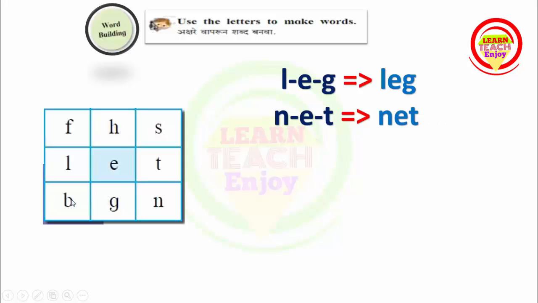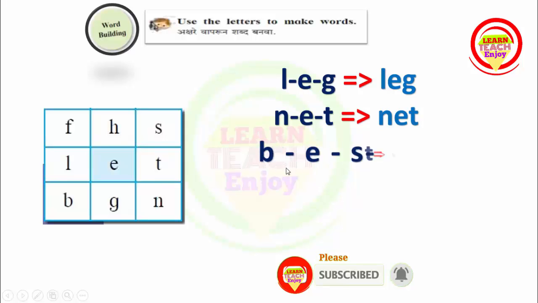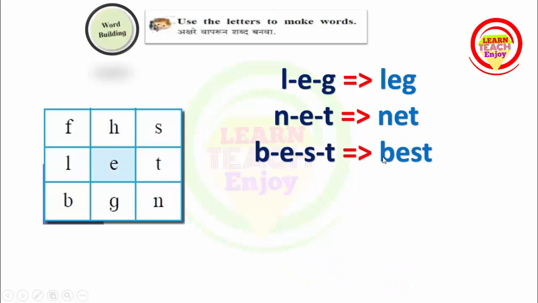Then next word we can try here. B-E-S-T, best. Best means चांगला. So we can write here best. Then another word we can try here. B-E-G, beg. Beg means भीक मागणे. So we can write here B-E-G, beg. Then another word we can try here.